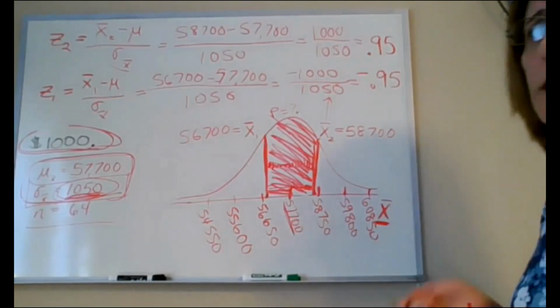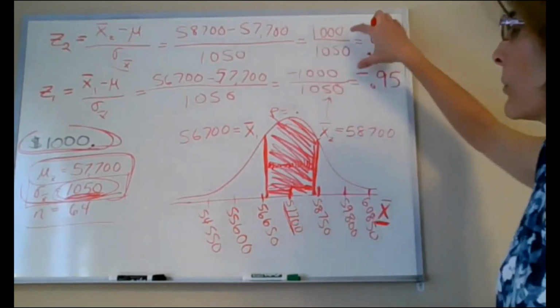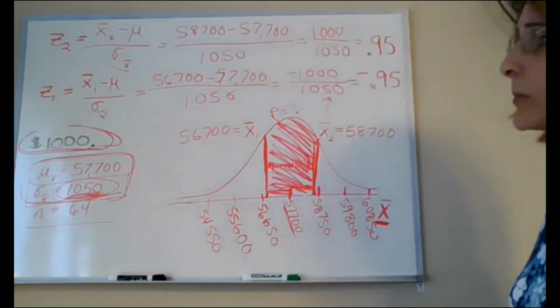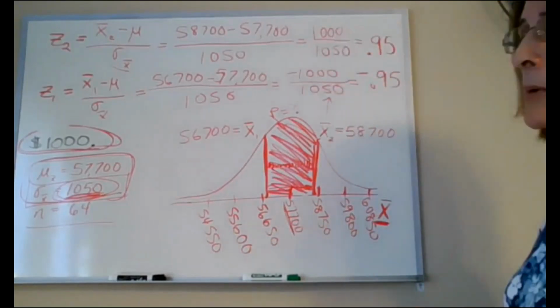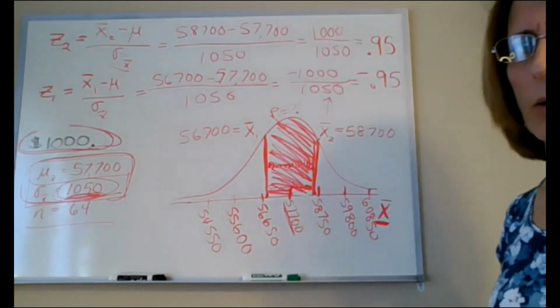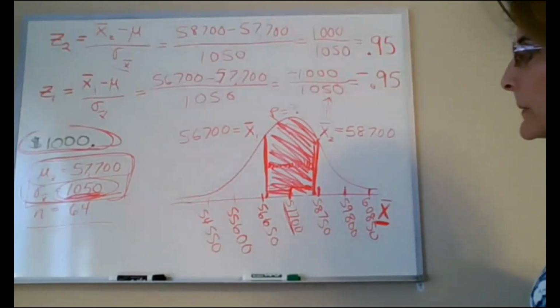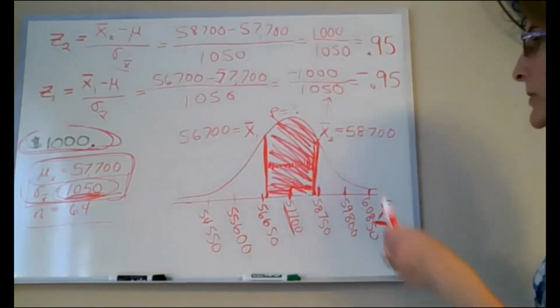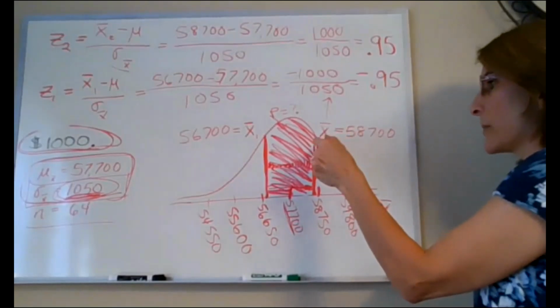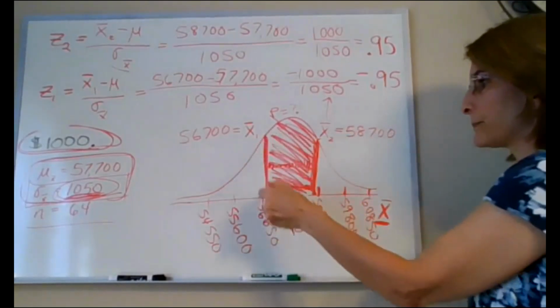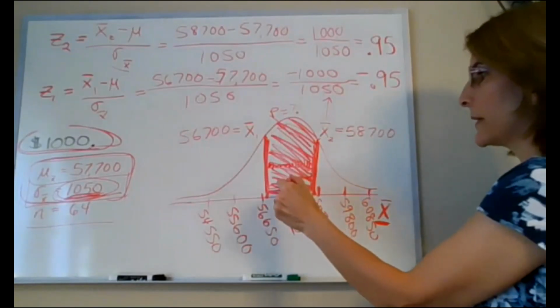And if you intuitively had figured that out ahead of time and you took that shortcut and went right to this step, that's fine. But I want you to know where those numbers are coming from, because I could tell some of you are confused about where you put the 1,000. How does 1,000 come into play there? Well, the 1,000 comes into play because that's where the X1 bar and X2 bar are going to be located. 1,000 above and 1,000 below.